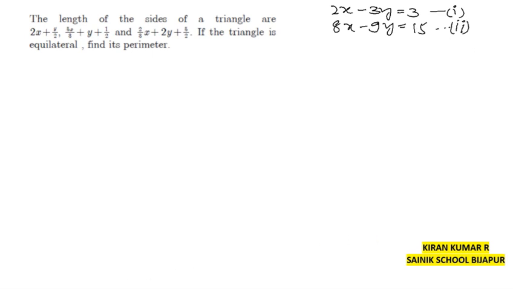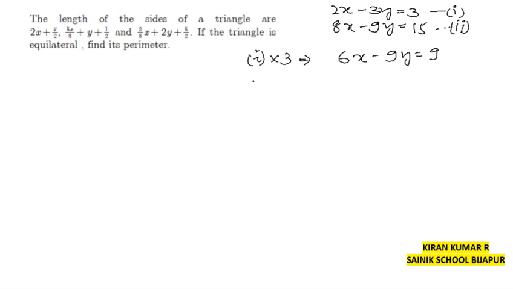How do we solve these two equations? If I want to eliminate the y term, I need to multiply the first equation with 3. I'll be getting 6x minus 9y equal to 9.